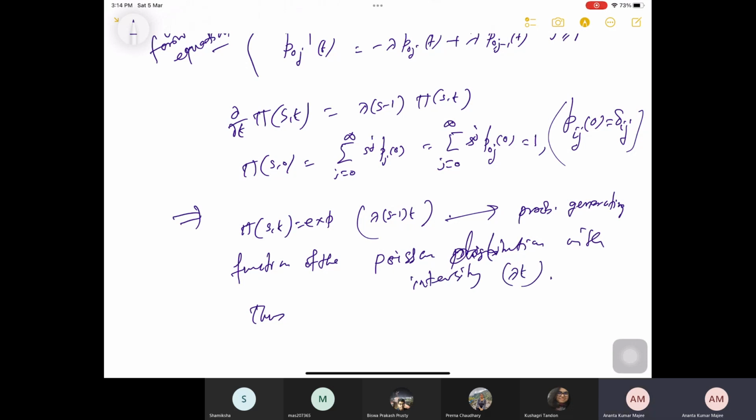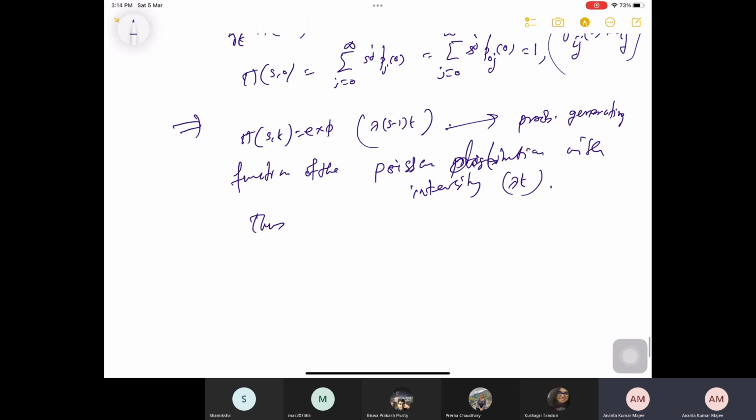So how do you know that the probability generating function uniquely determines the distribution? Is it not? So thus, what I have is that P0j of t, this is nothing but my P0t. This gives you e to the power minus lambda t times lambda t to the power j by j factorial.